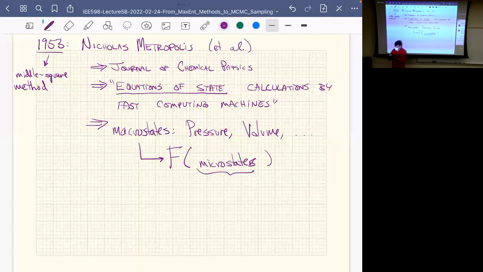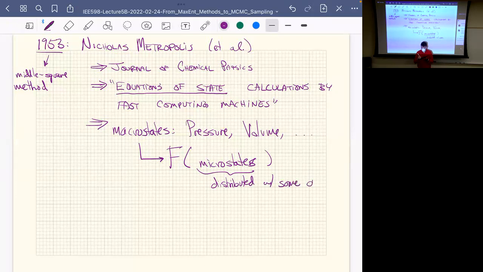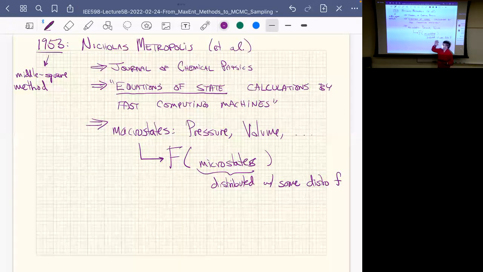So the microstates themselves are distributed with some distribution F. And every microstate maps into a particular macrostate. So for this particular configuration, we have this pressure, for this particular configuration, we have this pressure, and so on and so forth. And so the question might be, what is the average pressure that we would get out of this system? Well, that requires knowing the distribution of all these microstates, but I just said that we kind of know the Boltzmann distribution is the important one there.